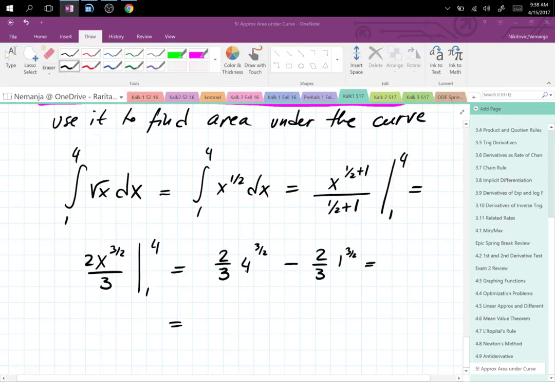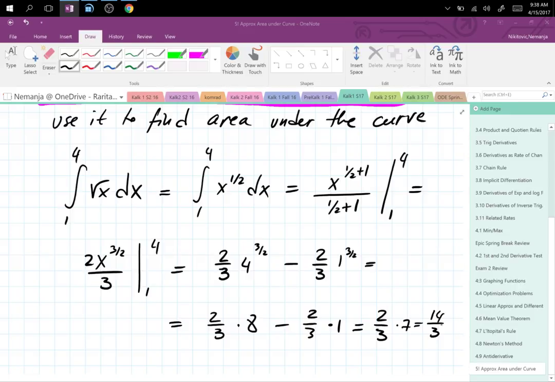Square root of 4 is 2, 2 cubed is 8, so you have 2/3 times 8 minus 2/3 times 1. And those of you who like to compute the way I like, 8 minus 1 is 7, so clearly 14/3. Or you can do whatever else you do. So there it is, it's 14/3.